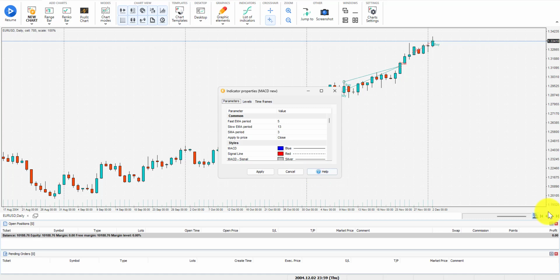Oh, that's wrong. Is it 12, 26, 9? Does anyone know the standard settings? Let me just bring up my TradingView chart here. I think it's because I had a MACD on my TradingView. Yeah, 12, 26, 9.